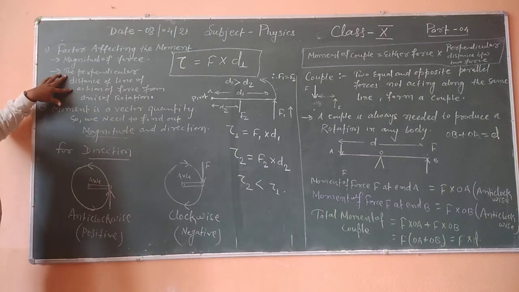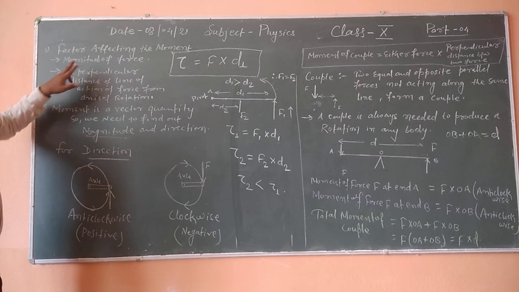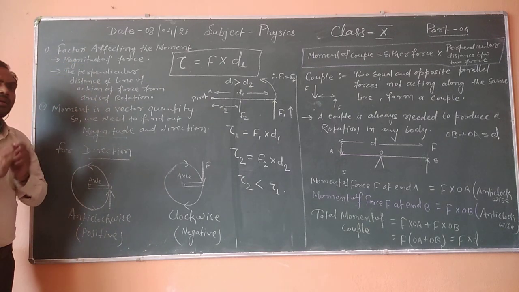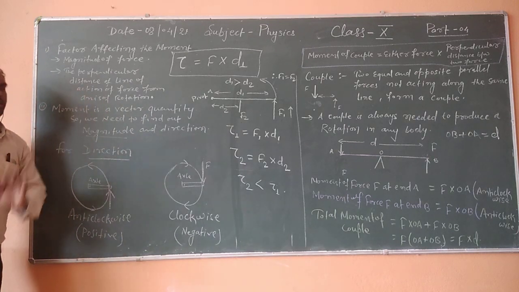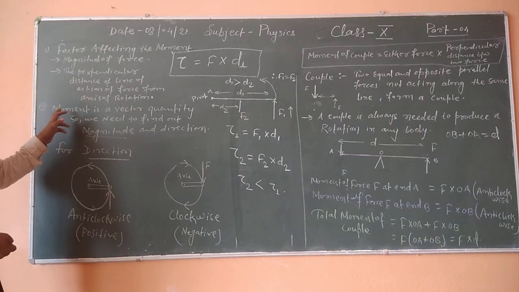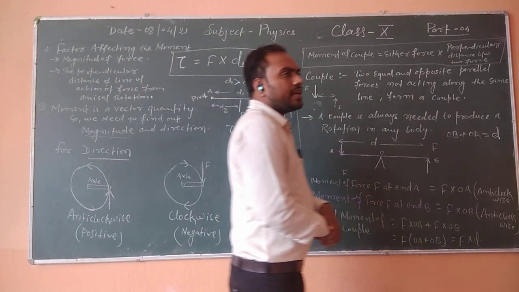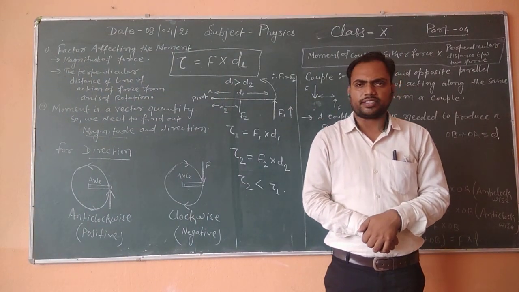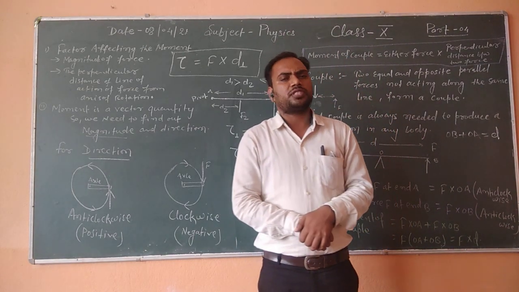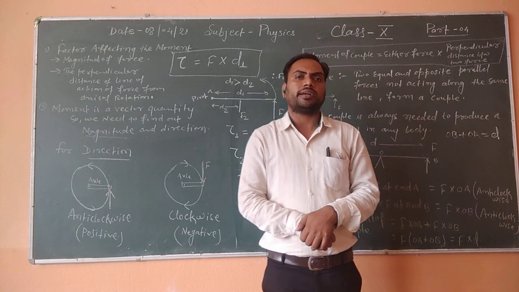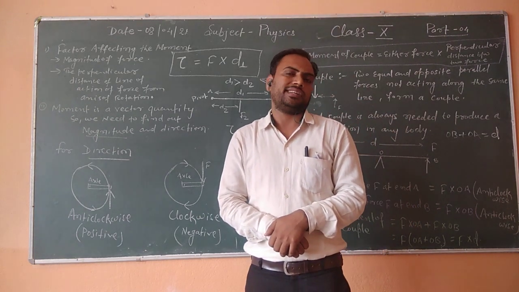So on two things the moment will depend, that is the magnitude of force and the perpendicular distance. Now the next point: moment is a vector quantity. Since moment is a vector quantity, it has magnitude and direction. If we are going to calculate the moment of any object, definitely we have to tackle two things: what will be its magnitude and what will be its direction.